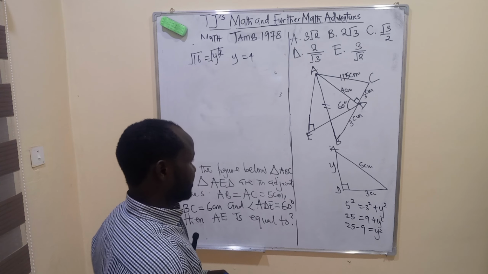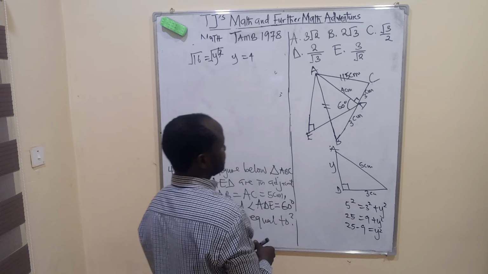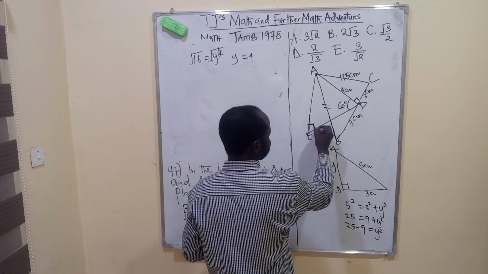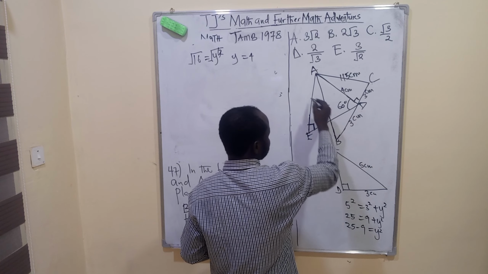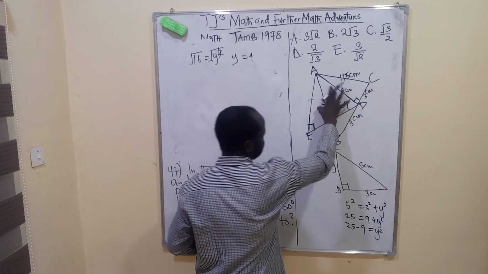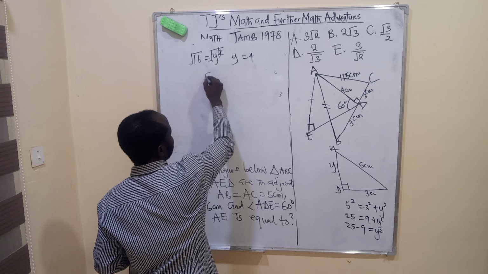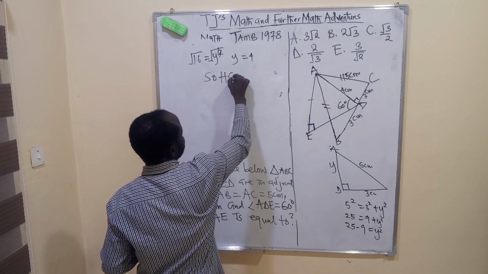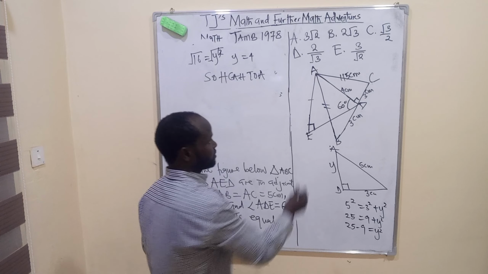Since length AD is 4 cm, now we can use that to find length AE. Because this is 90 degrees, this is the hypotenuse, and this will be the opposite here. So we are looking for the opposite because this is a right angle triangle. We apply what we call SOHCAHTOA. Is it sine, cosine or tangent we are going to use?